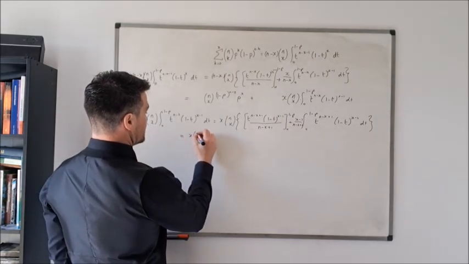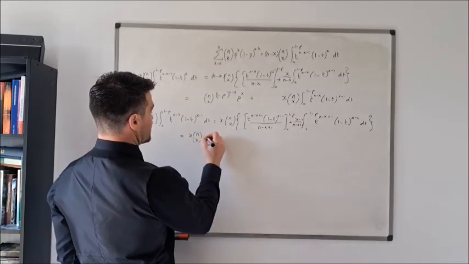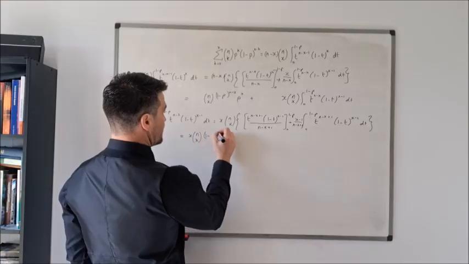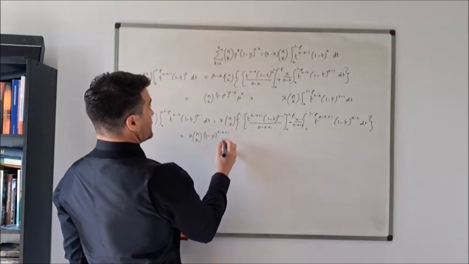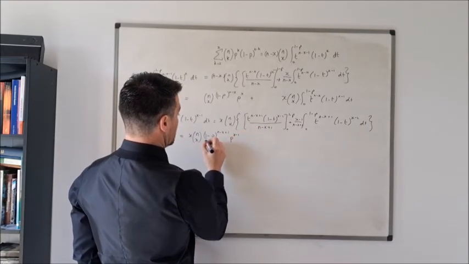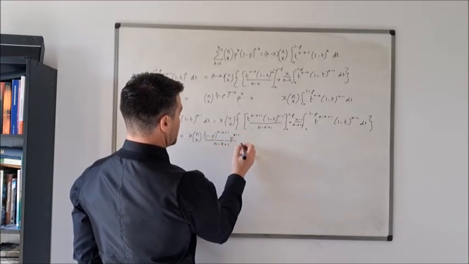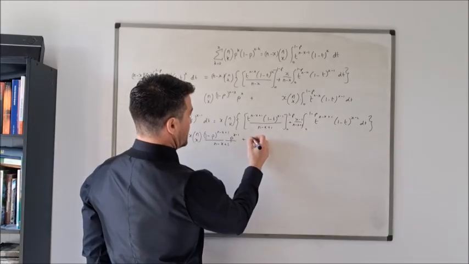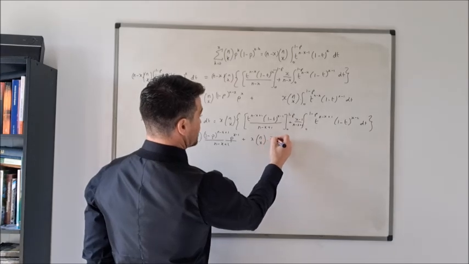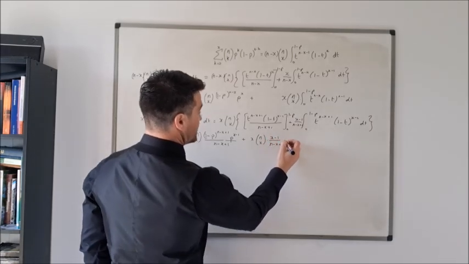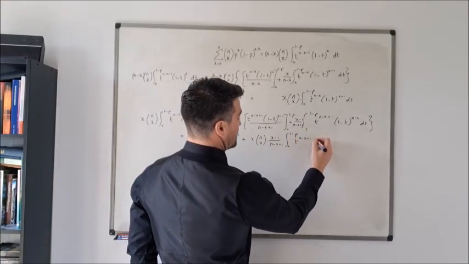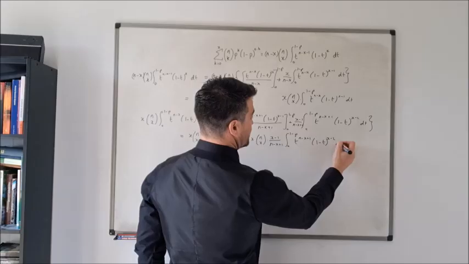I get x times n choose x times, plug the limits in, (1 minus p) to the power of n minus x plus 1, p to the power of x minus 1 over n minus x plus 1, plus x minus 1, x times n choose x times x minus 1 over n minus x plus 1, integral from 0 to 1 minus p, t^(n minus x plus 1) times (1 minus t)^(x minus 2) dt.